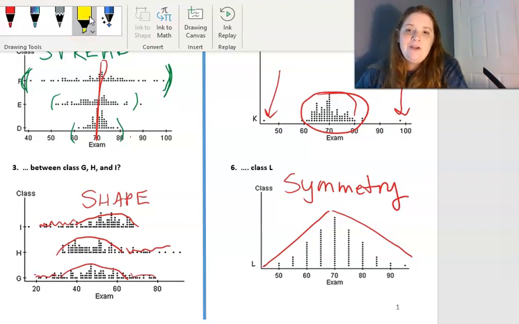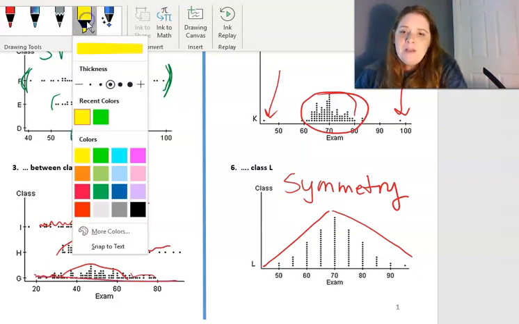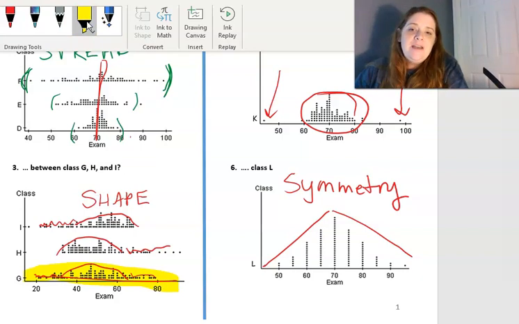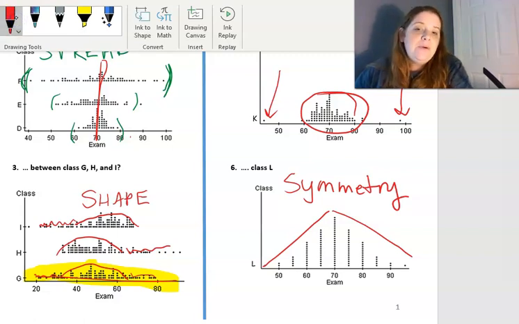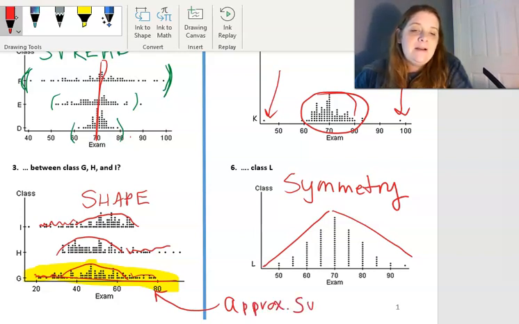And this graph over here, graph G, if I was looking at graph G, I might call that symmetrical as well, but not perfectly symmetrical. This graph is more approximately or roughly symmetrical. It definitely is not perfect.